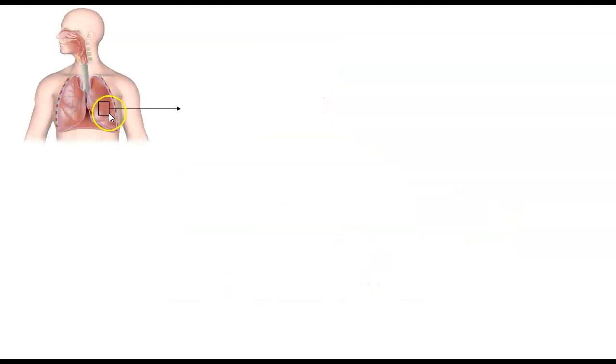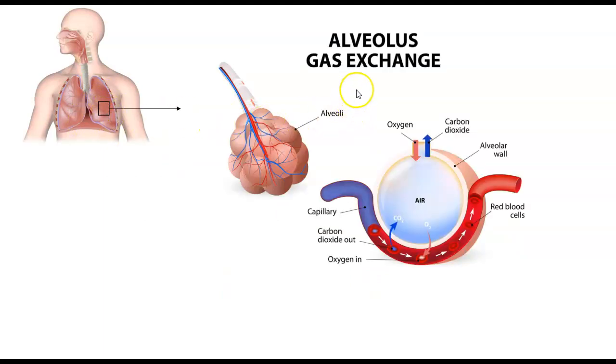If we zoom in inside the lungs, we see these tiny air sacs called alveoli. And as I mentioned earlier, we have close to 500 to 600 million alveoli. And the primary job of the alveoli is to have gas exchange, oxygen into our cells and carbon dioxide out.